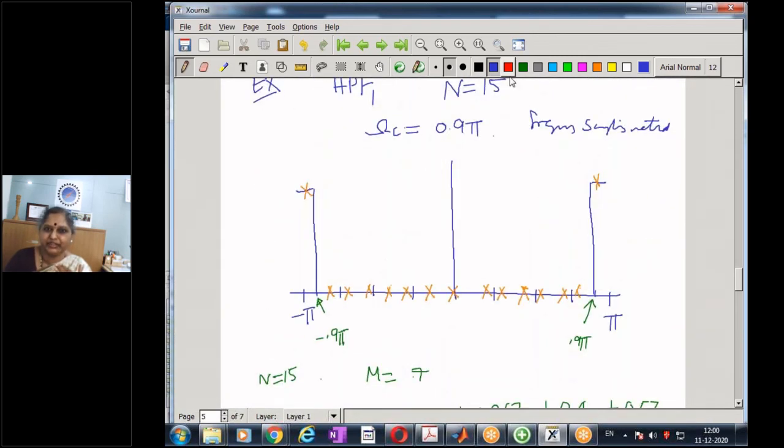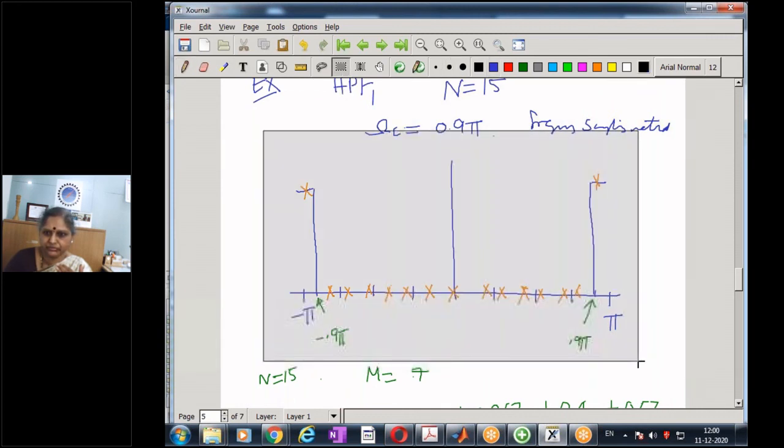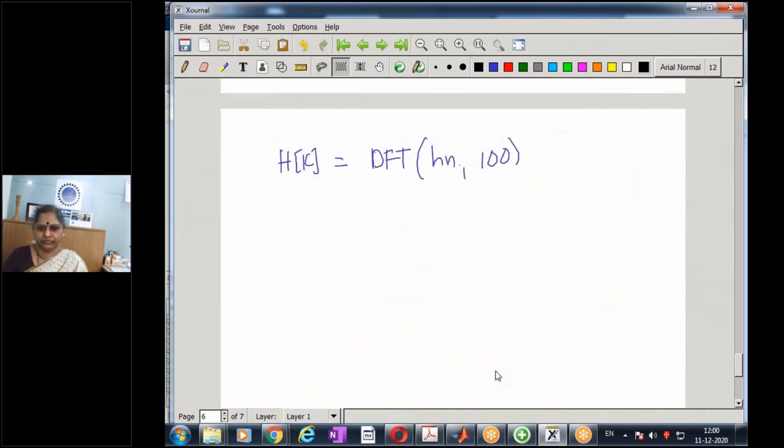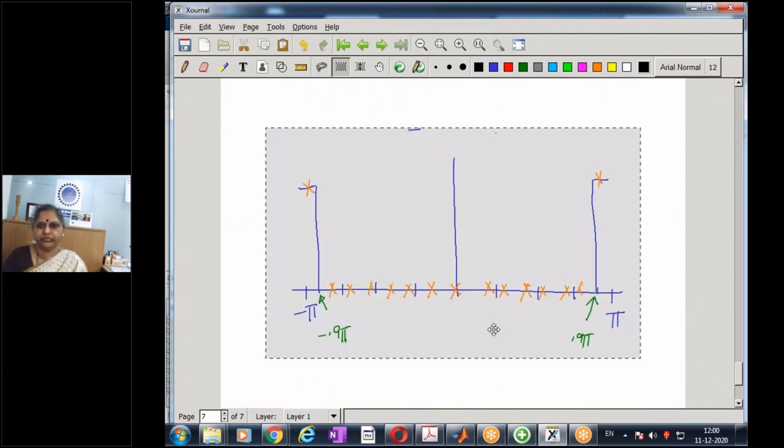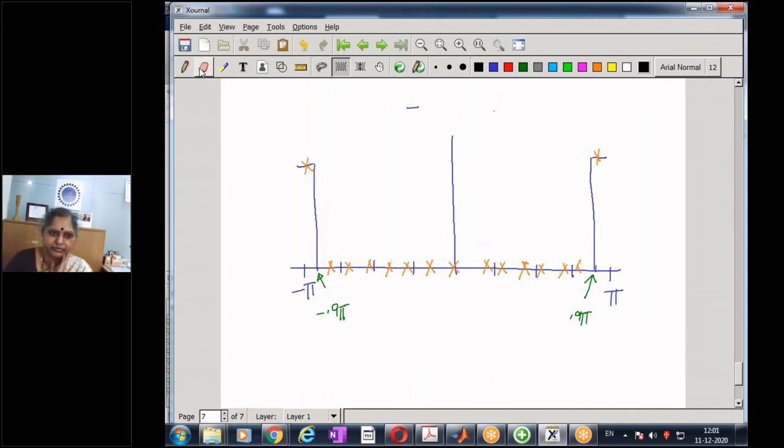So now let's try to put the frequency response of our designed filter over the desired response.